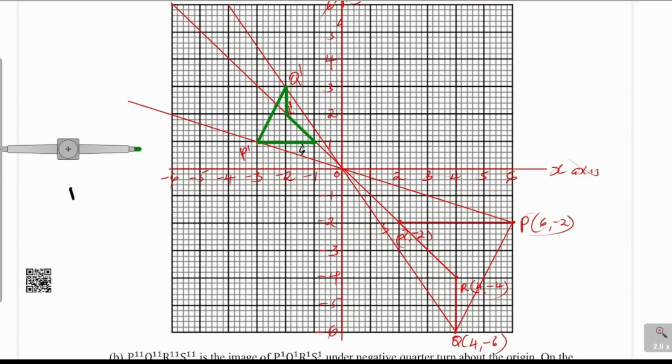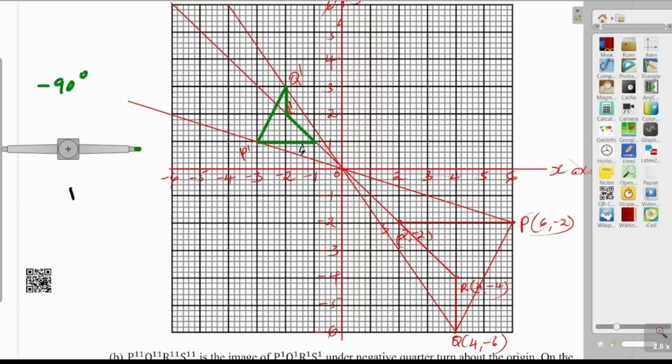So the same thing: we start by joining the point P1 to the origin, which is the center of that rotation. From there, we measure the angle, a negative quarter turn, negative 90 degrees, and we measure it in a clockwise direction.